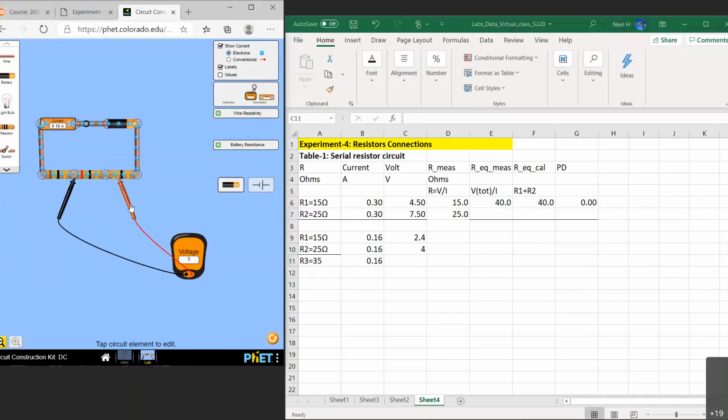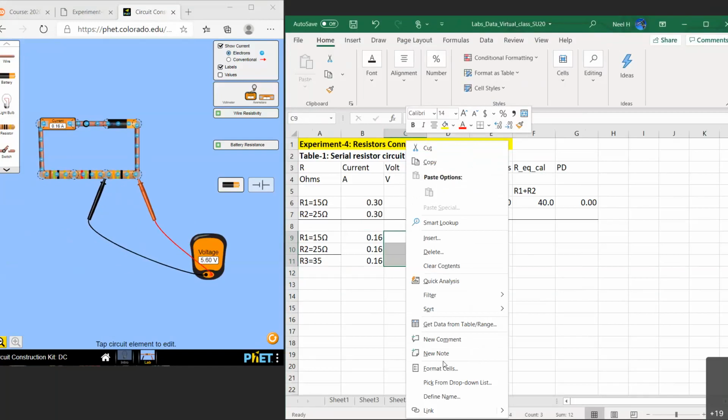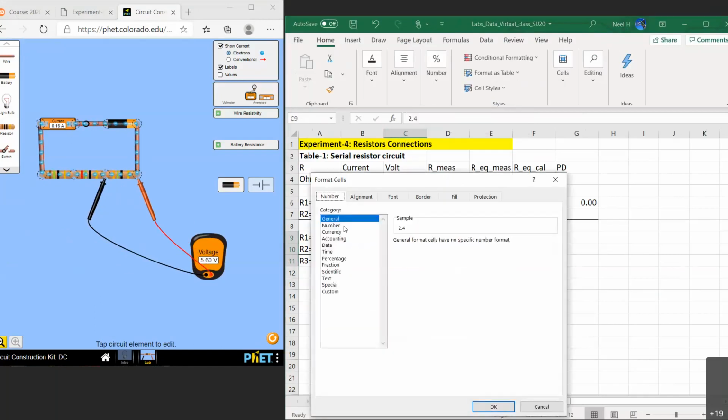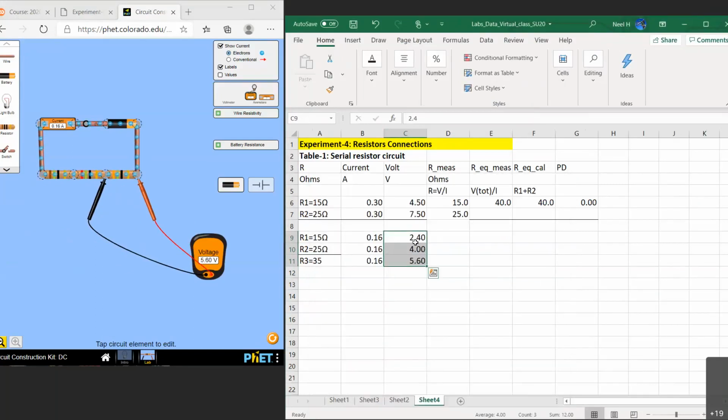Voltage across resistor number 3: 5.6. Okay, that's all we need. It's very simple. And format all of these to represent 3 significant figures, right? Format cell. 3 sig figs means you can put 2 decimal places, then you will get 3 significant figures, right? All good.